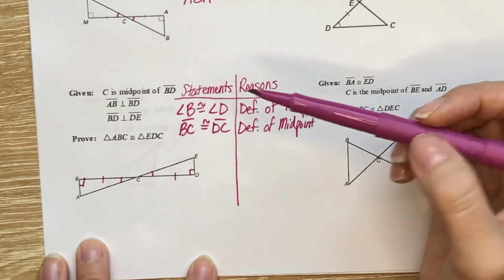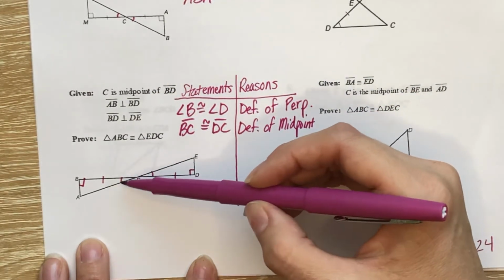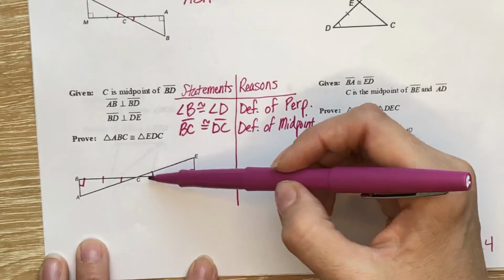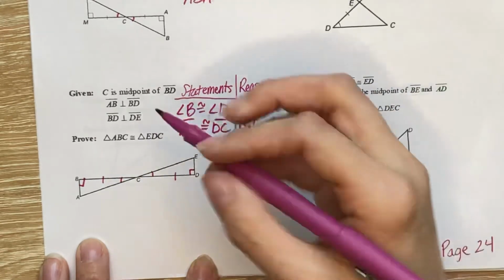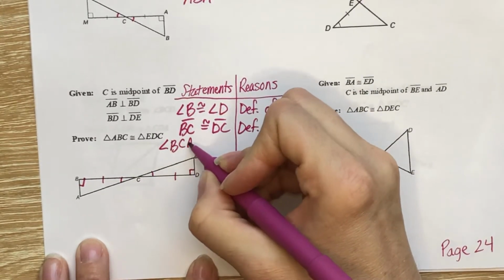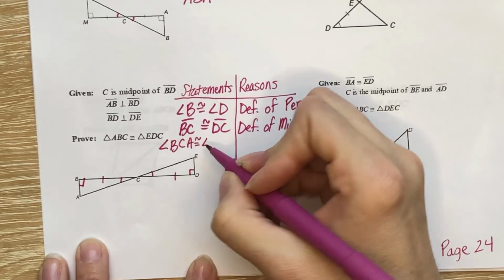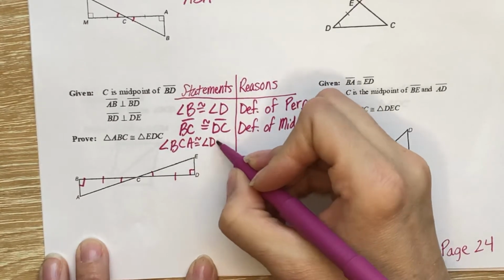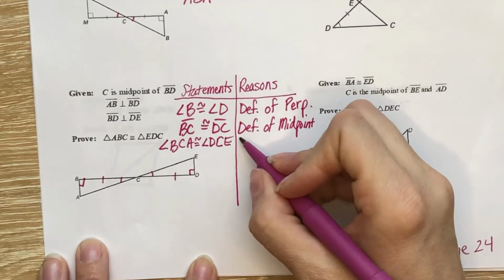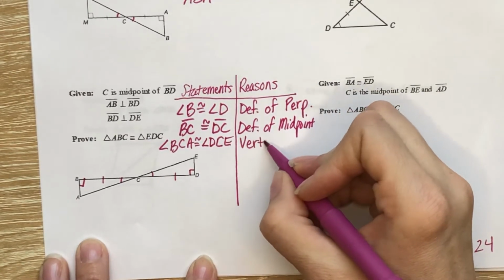And then last but not least, we have angle C and angle C congruent to each other. But because they're both angle C, we need to be more specific. So I'm going to say angle BCA is congruent to angle DCE. And that is vertical angles.